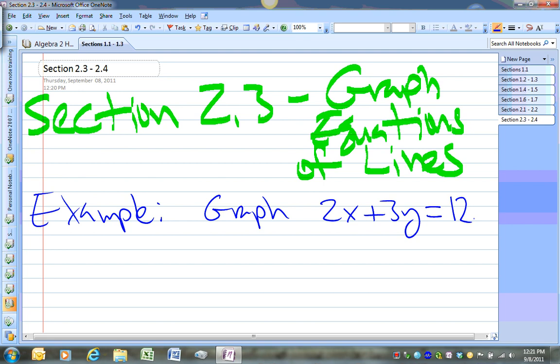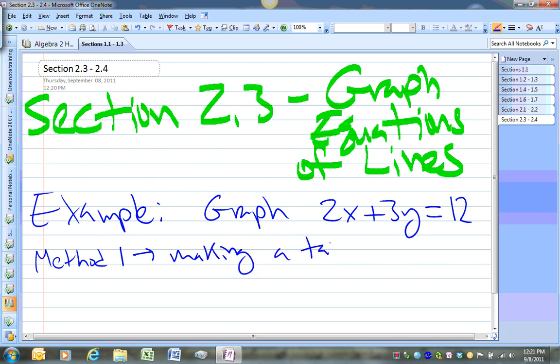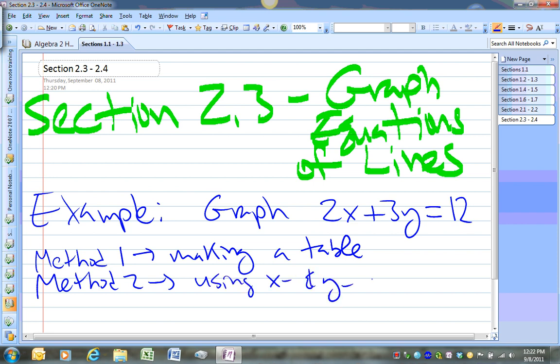Now, I'll list the ways, but I'll only do it one way. Method 1 could be making a table. Method 2 could be using x and y intercepts.